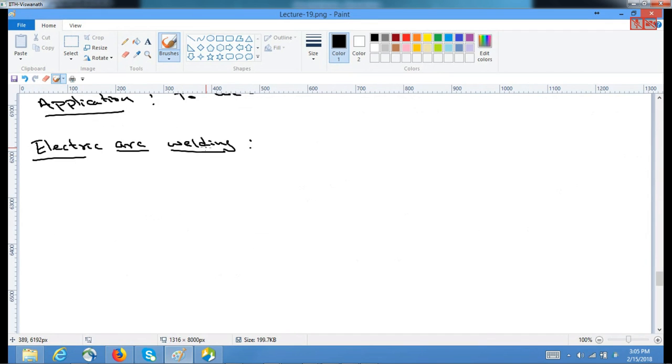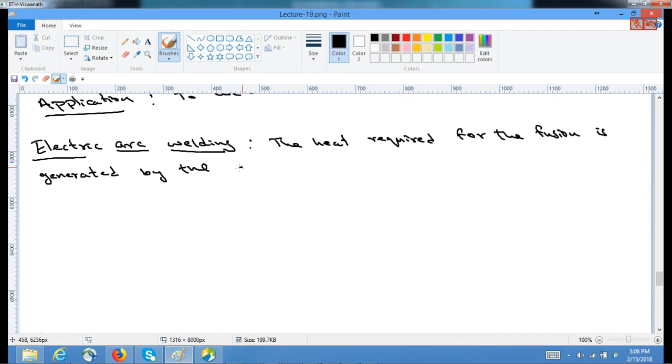In electric arc welding, the heat required for the fusion is generated by the electric arc between the parts to be joined and an electrode.